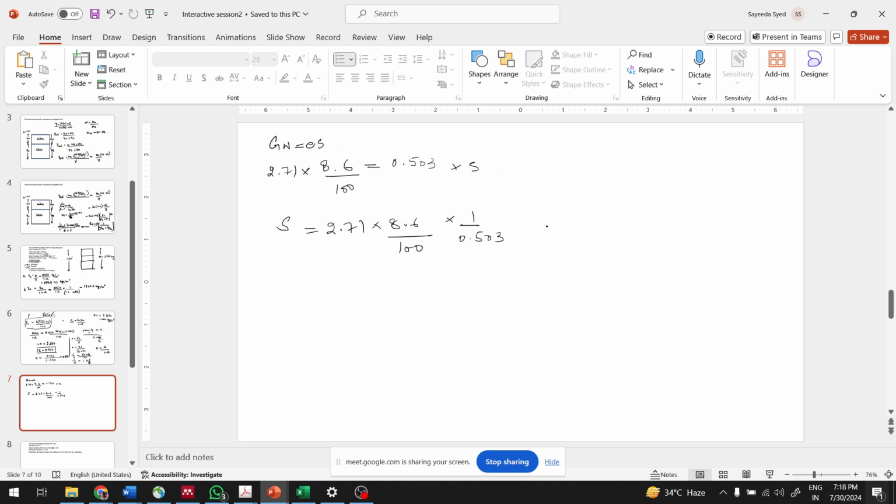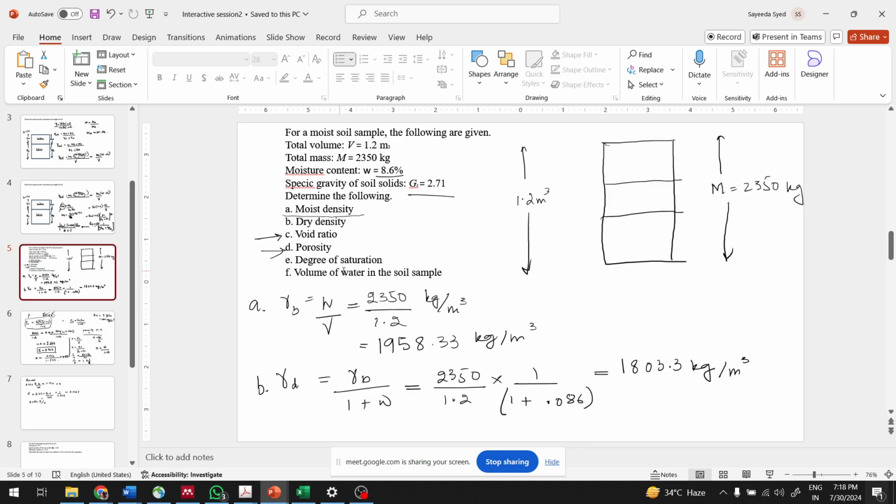Let's calculate 2.71 into 8.6 divided by 100 divided by 0.503. So this comes out to be 0.463, which is 46.3%. This is our degree of saturation.